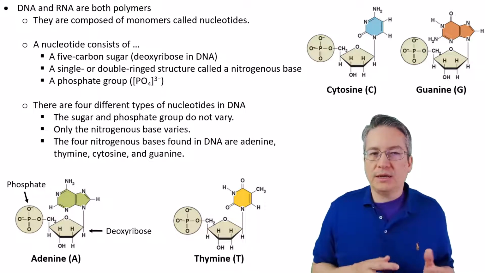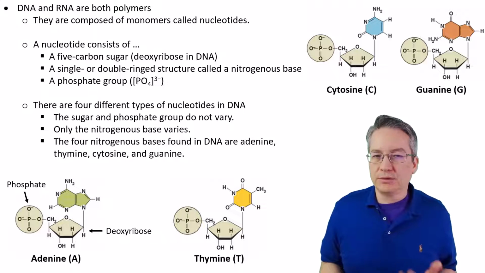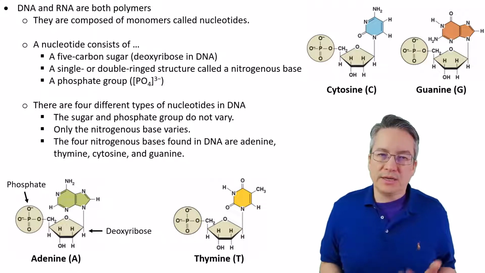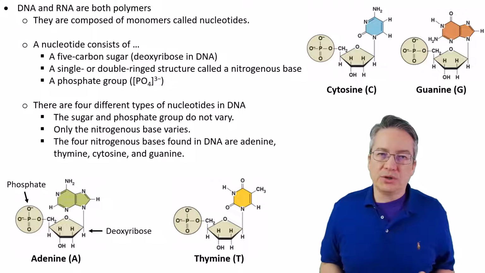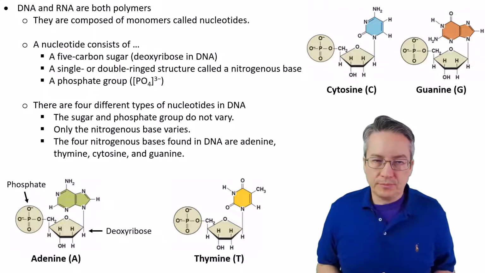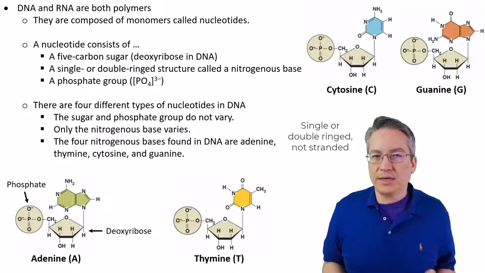So DNA and RNA are both polymers. They're composed of monomers called nucleotides. Each nucleotide consists of a 5-carbon sugar. In the case of DNA, the 5-carbon sugar is called deoxyribose. In the case of RNA, the 5-carbon sugar is called ribose. There's also a structure called a nitrogenous base.